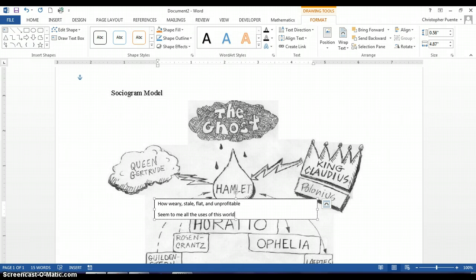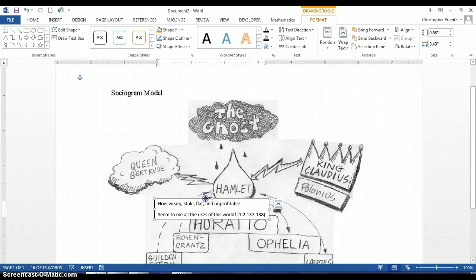Everything seems so useless, so sad. And so that quote right there shows Hamlet being sad. That quote, of course, I'm going to cite it, is from Act 1, Scene 2, lines 137 and 138.